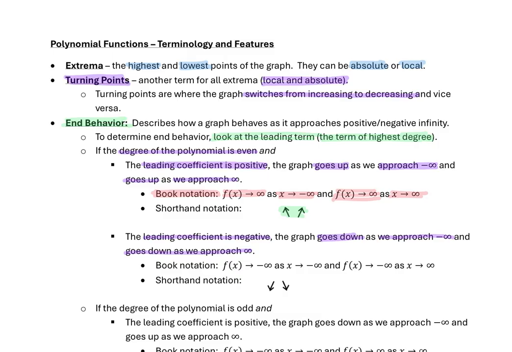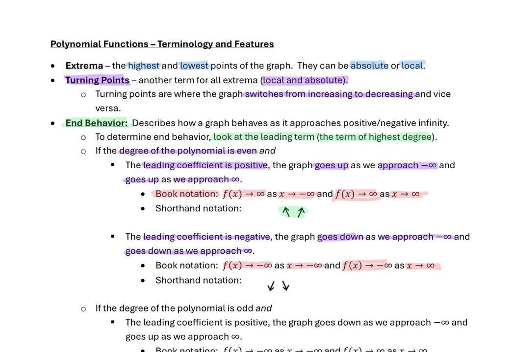All right, our book notation is saying that f of x goes towards negative infinity as x goes towards negative infinity, and f of x goes towards negative infinity as x goes towards positive infinity. And so what all this terminology means is that as x goes to the left, y goes down. As x goes to the right, y also goes down.